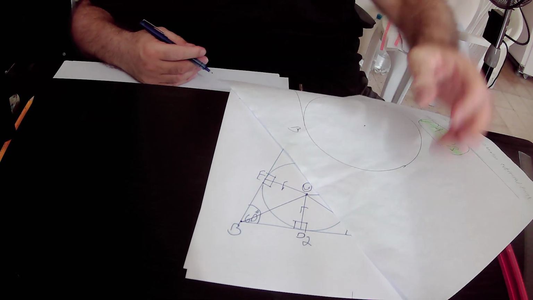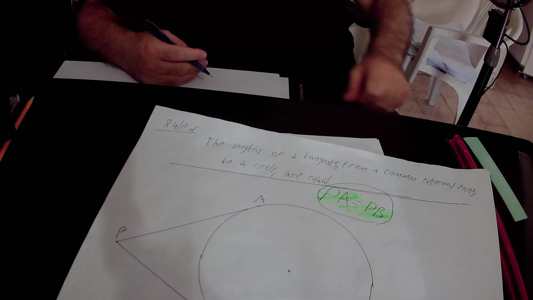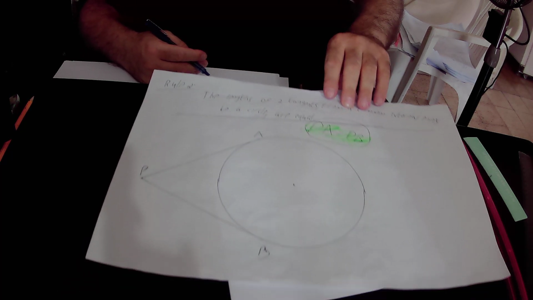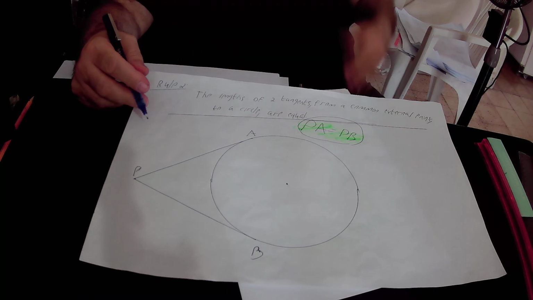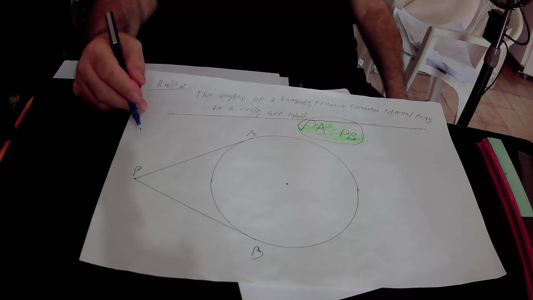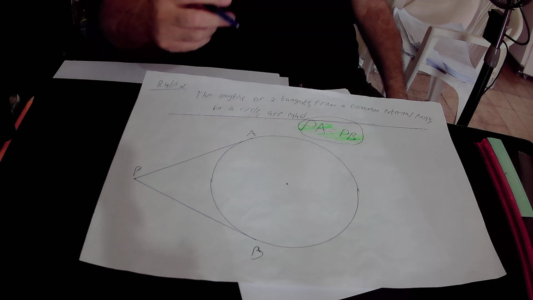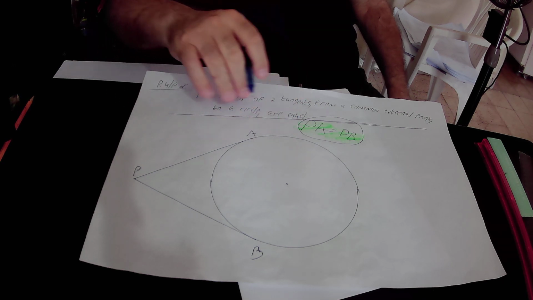according to rule number 2, the lengths of two tangents from a common external point to a circle are equal. Here we have the common external point P. From the common external point P, we have two tangents to this circle, tangent PB and tangent PA. And according to rule number 2, the lengths of those two tangents are equal to each other, that is to say PA equals PB.